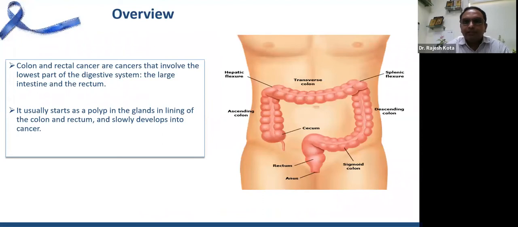If we look at colorectal cancer, we have to see the anatomy first. We all know that the human digestive system starts with the mouth. When we eat food, we take it in through the mouth.